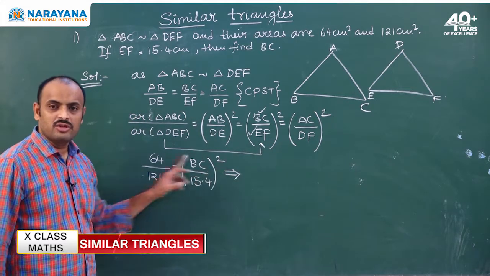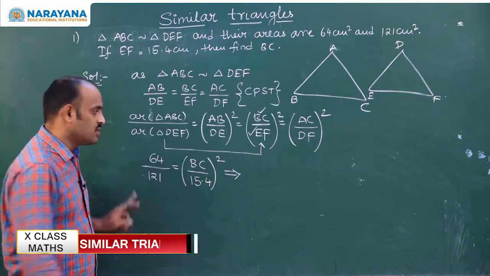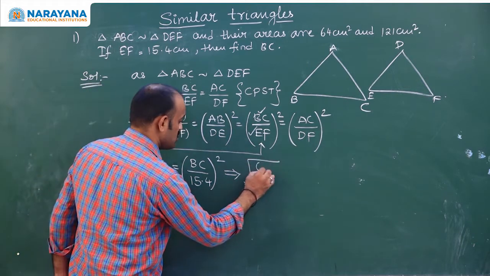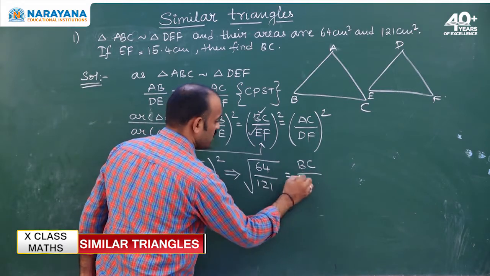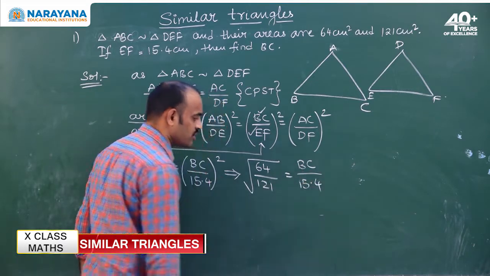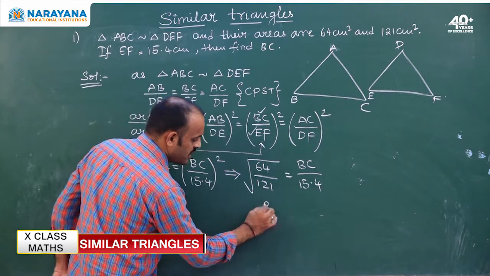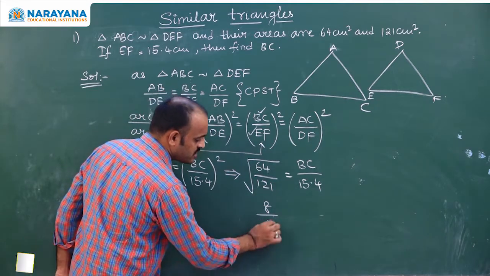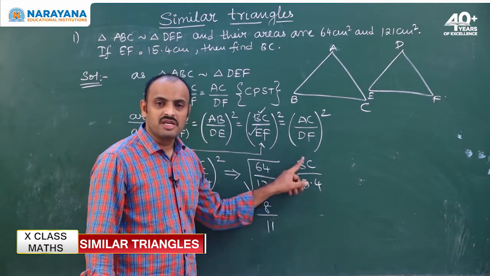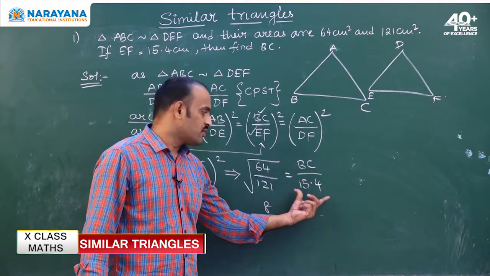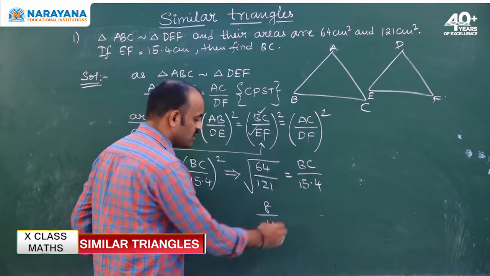If I take the square root on the left hand side, it becomes root 64 by 121 is equal to BC by 15.4. Root 64 is 8, root 121 is 11. 8 by 11 is equal to BC by 15.4. I will bring that 15.4 to the left hand side.